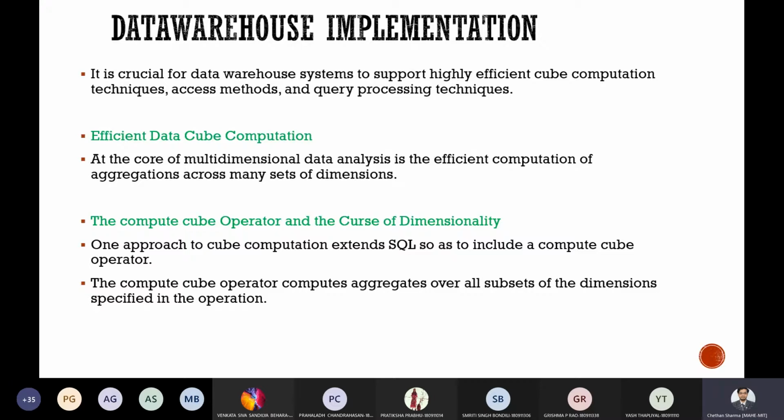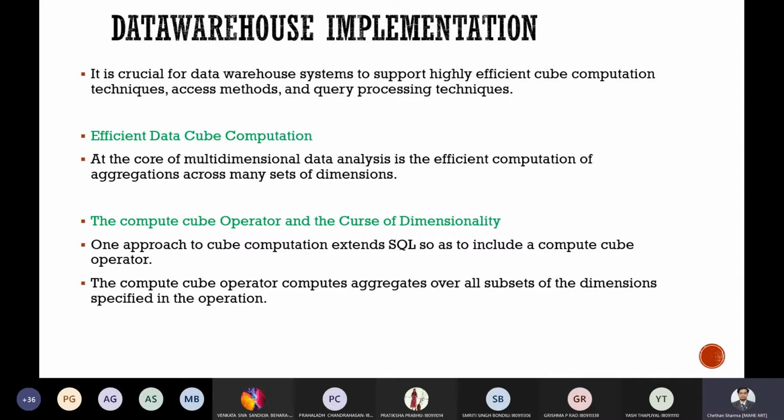Therefore, it is crucial for data warehouse systems to support highly efficient techniques for cube computation. They should also support access methods and query processing techniques. So we'll have a quick overview of efficient data cube computation methods.